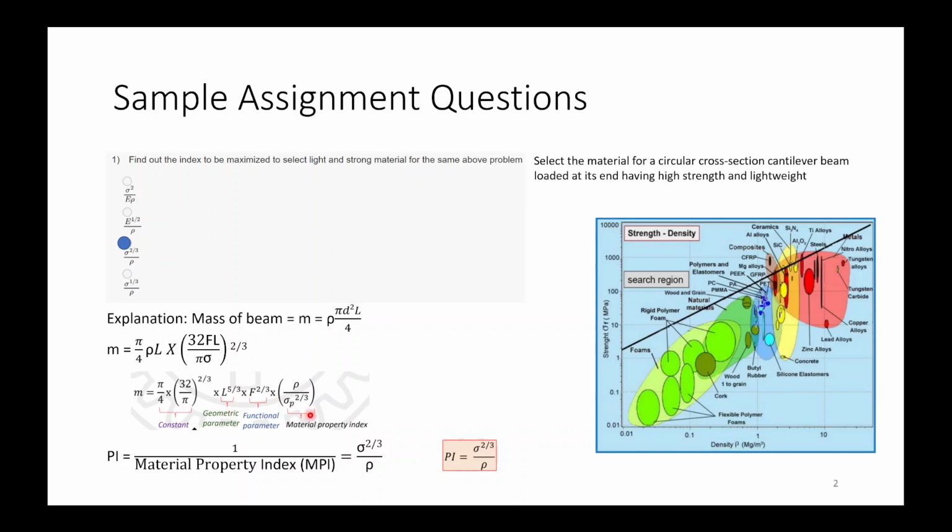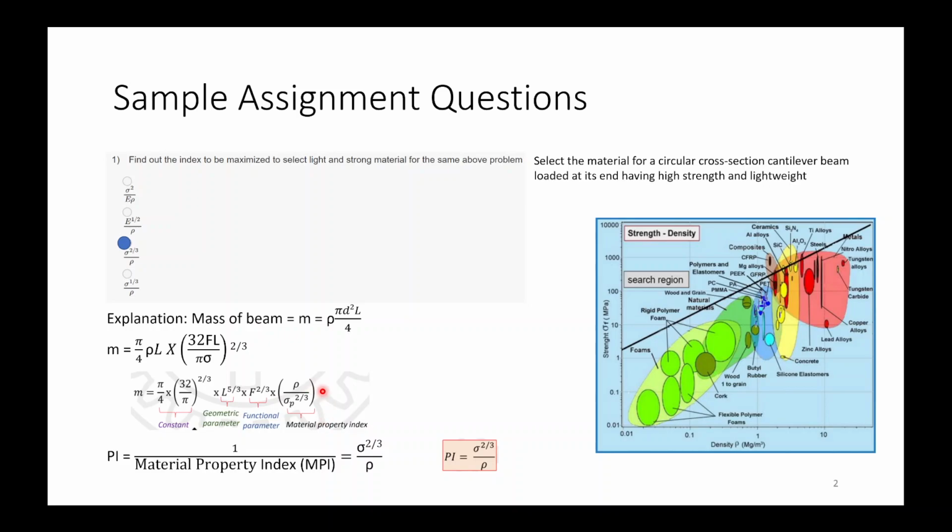In the first term you'll have pi and numeric constants. In the second, L to the power 5 by 3. Geometric can be your length, it can be your radius. In functional parameters, we have force that we can change, and it can be force, deflection, etc. Material properties don't depend on the size and shape of the material, and they will be constant. For example, the material's density, strength and elastic modulus are material properties.